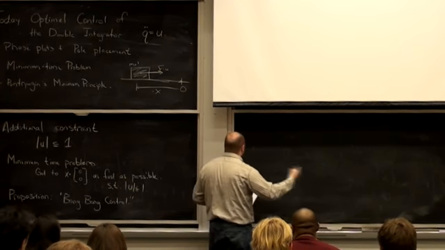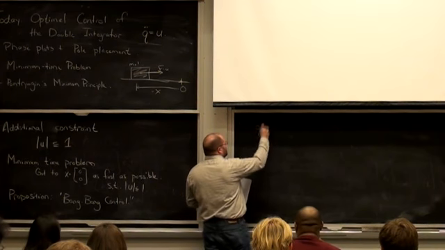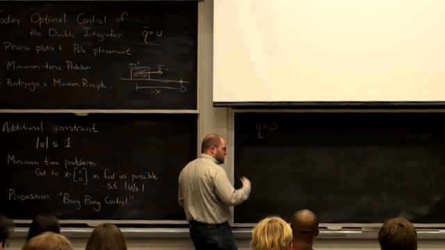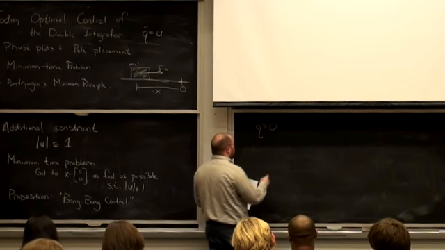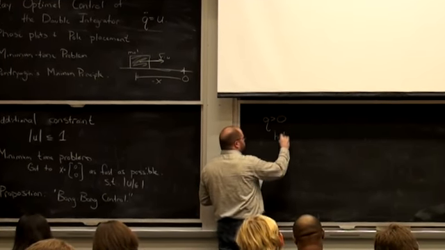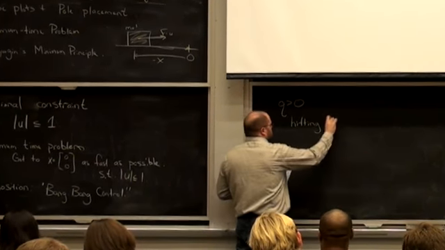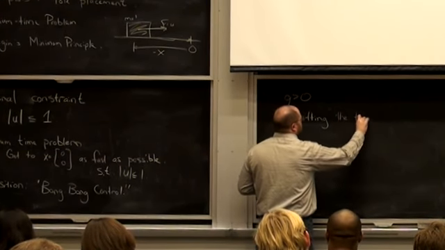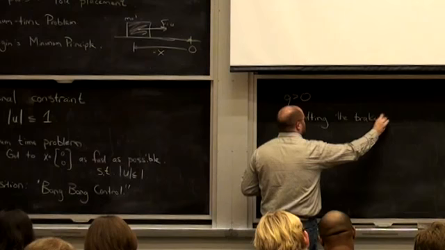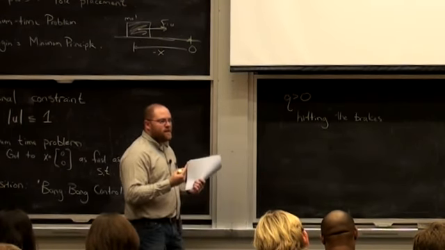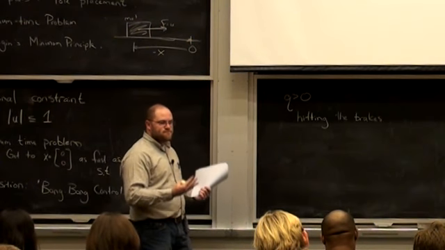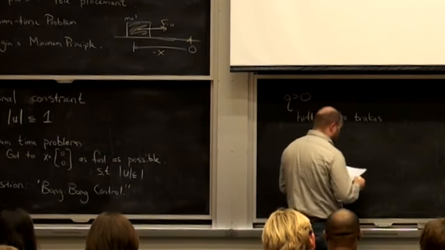Let's think about the case where q is greater than 0 first, just pick a side. In that case, hitting the brakes, is that +1 or -1? -1. No, it's +1.